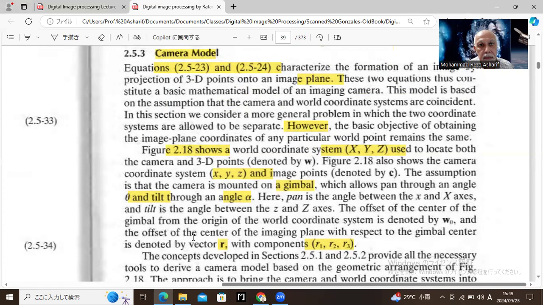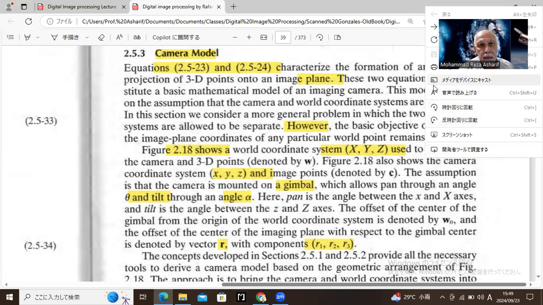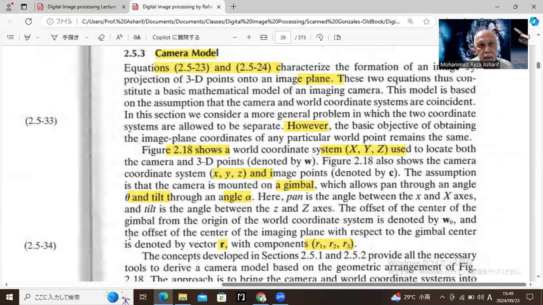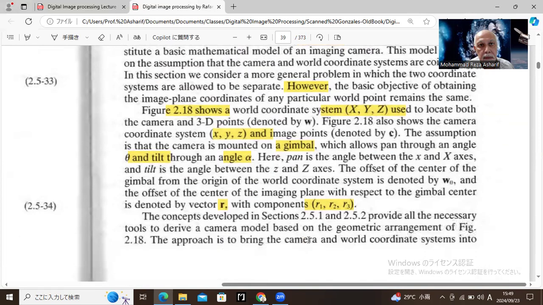And the offset of the center of the image plane with respect to the gimbal center is denoted as R, with R1, R2, R3.